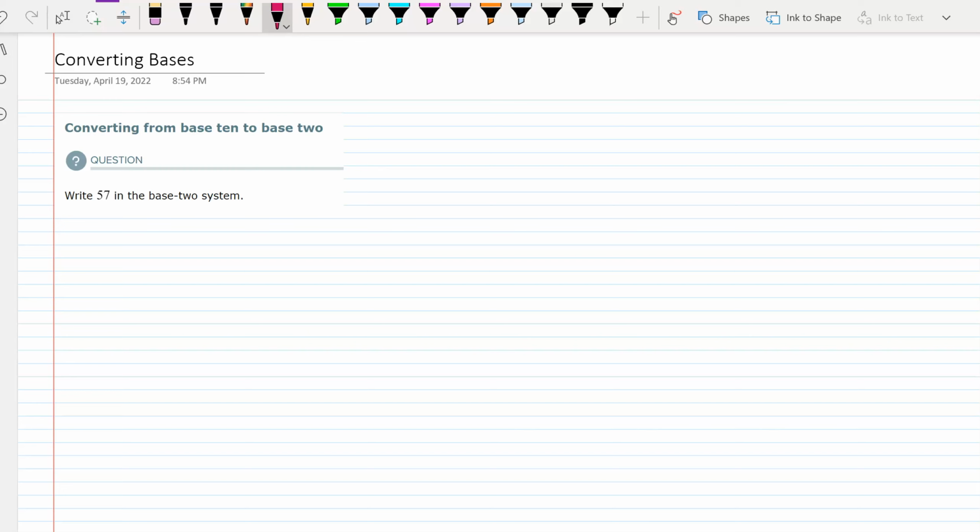of 2. So 2 to the 0 is 1. 2 squared is 4. 2 cubed is 8. 2 to the 4th is 16. 2 to the 5th is 32.